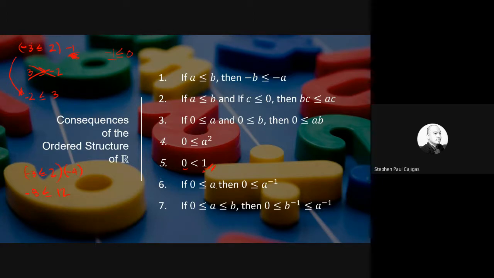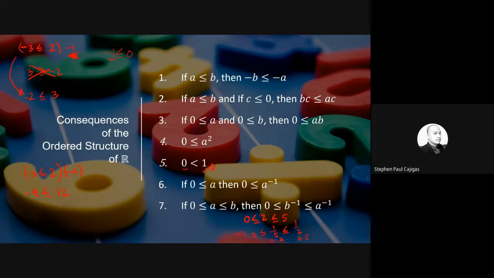So let's have an example. 0 is less than 2, less than or equal to 5. But you will see that 1/5 is actually less than or equal to 1/2. So 1/5 is 0.2, and 1/2 is 0.5. So it is really less than.